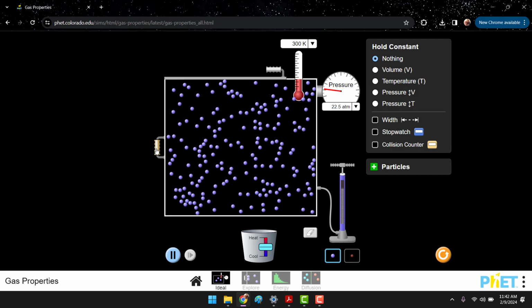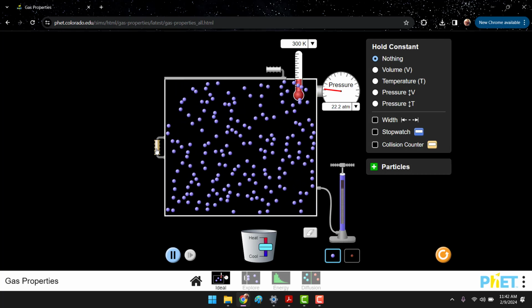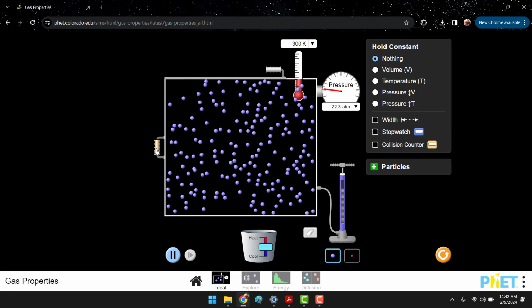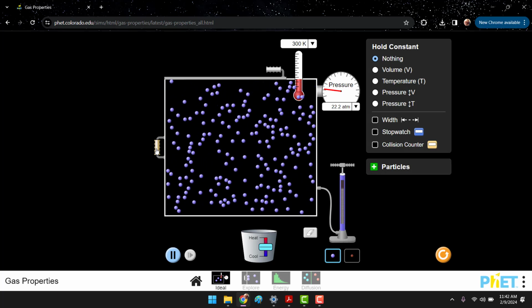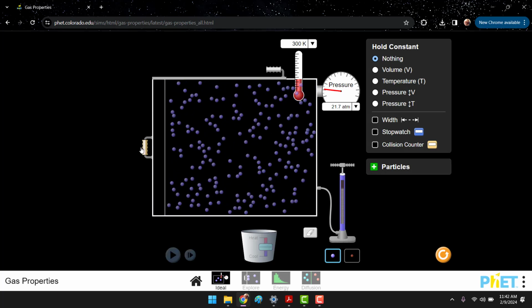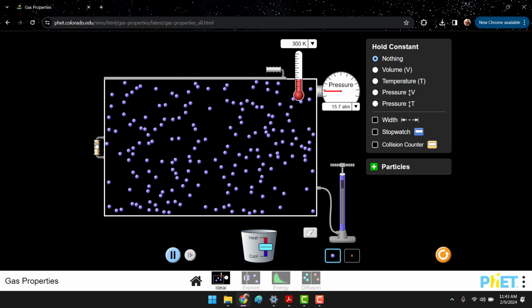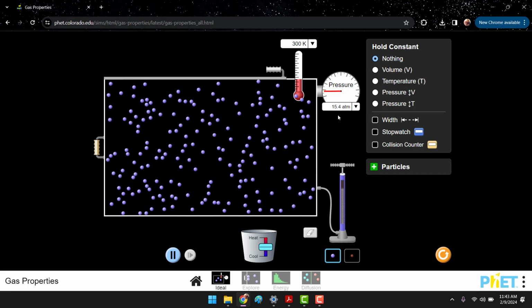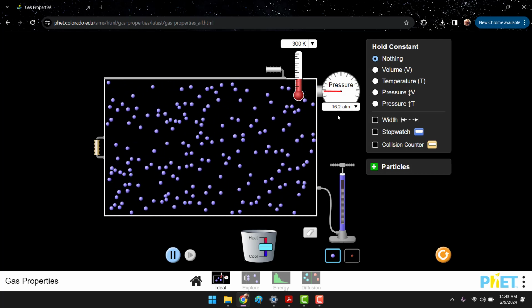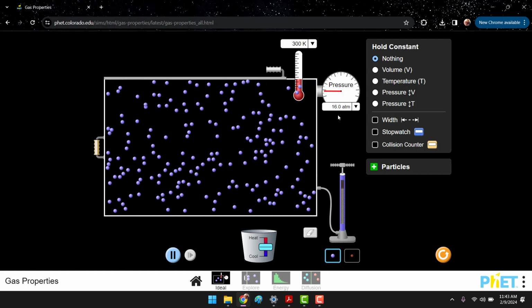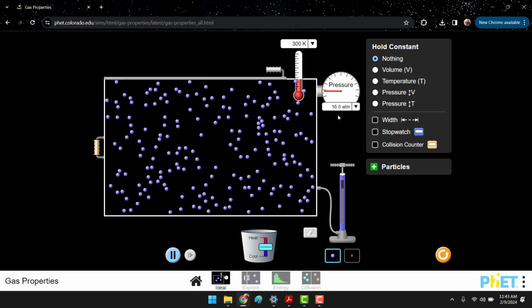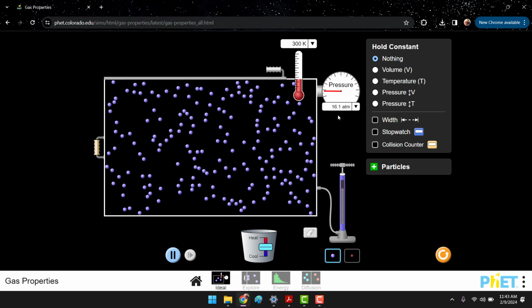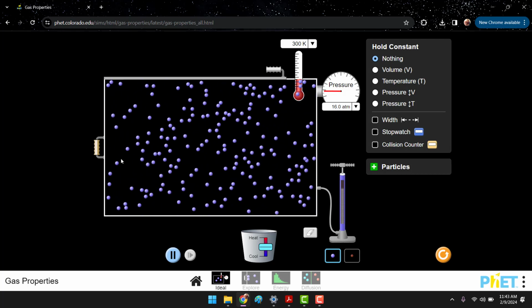Is that going to make the pressure go up, or will it make it go down? So watch the pressure. I make my volume larger, and the pressure's gone down because there's not as many collisions with the container now. We have increased the amount of space in the container, less collisions, less pressure.